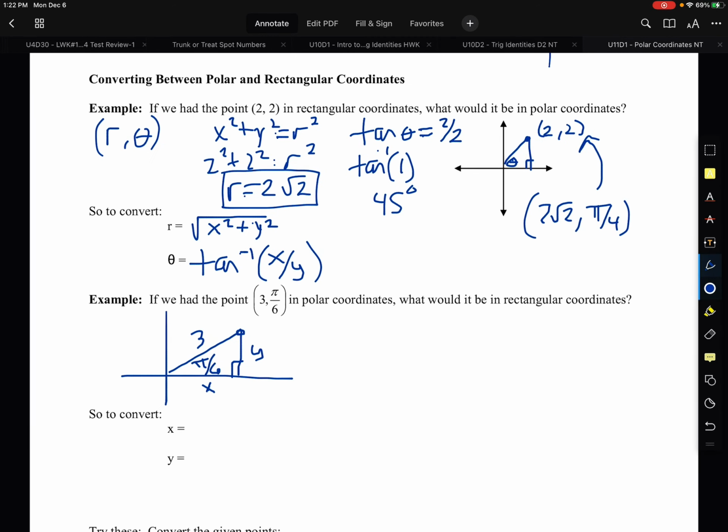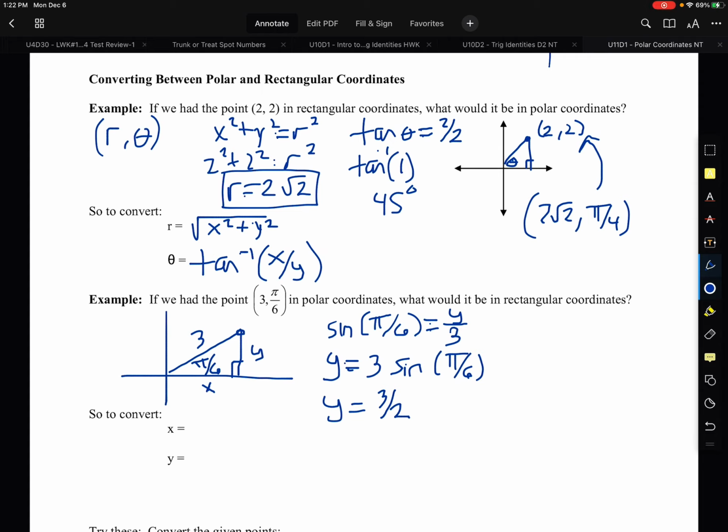To solve for y, I got sine of pi over 6 equals opposite over hypotenuse. So that gives me y equals 3 sine pi over 6, which in this scenario, sine of pi over 6 is a half. 3 times 1/2, y is 3 over 2.